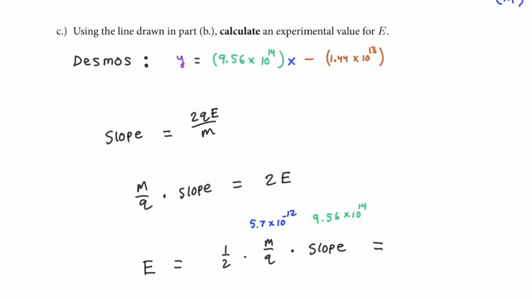So we're going to get an answer in the 10 to the 3 range, and rounding mine, I got roughly 2,700 newtons per coulomb or volts per meter. Either of those are the same unit. There's a little best fit line action for us here. All right, there's our field and potential relationships.